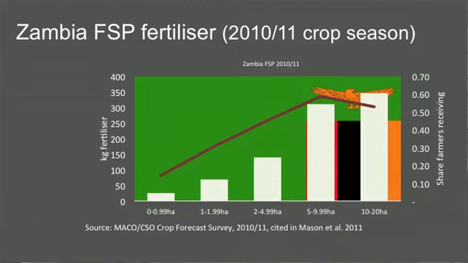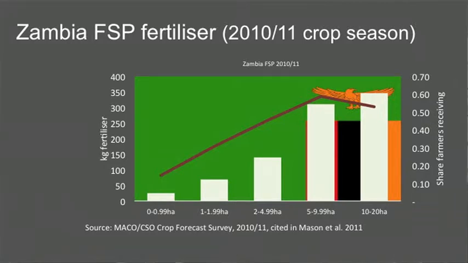If you're in the 10 to 20 hectare block, you have about a 55% chance of getting fertiliser vouchers and almost a 60% chance if you're in the 5 to 10 hectare category. If you go down into the less than 1 hectare category of farmers, you've got about a 10% chance of getting a subsidy. And of course, the vast majority of farmers in Zambia are in those two categories.